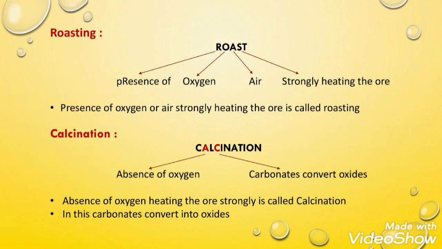Now move to the other one, calcination. It is the same as roasting, but with a small difference: in roasting there is presence of oxygen or air, but here we have to take absence of oxygen or air. Absence of oxygen or air strongly heating the ore is called calcination.